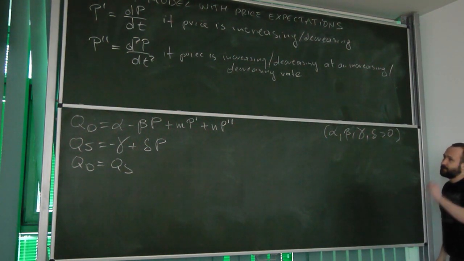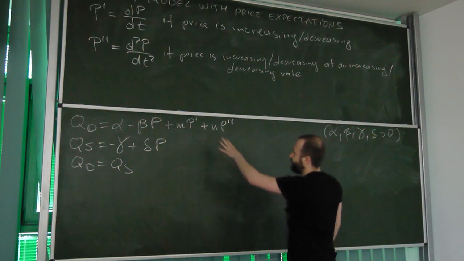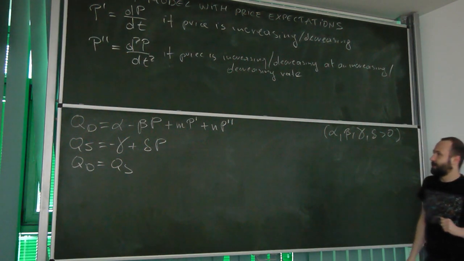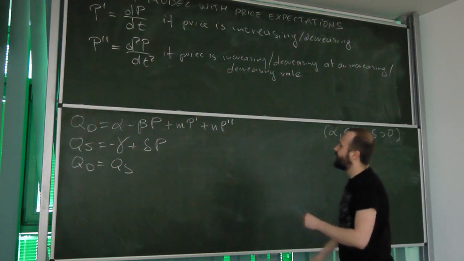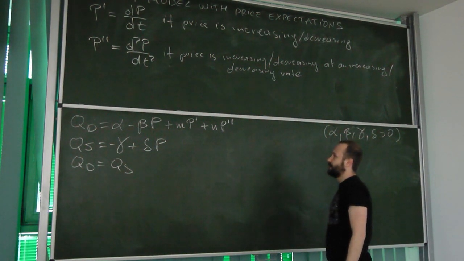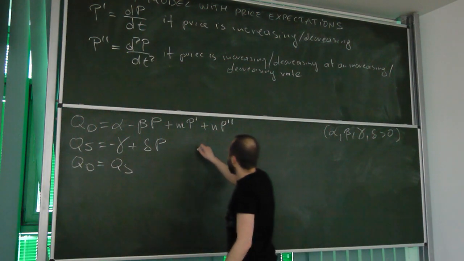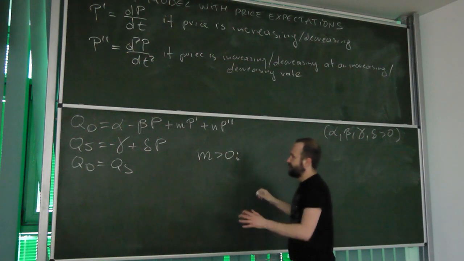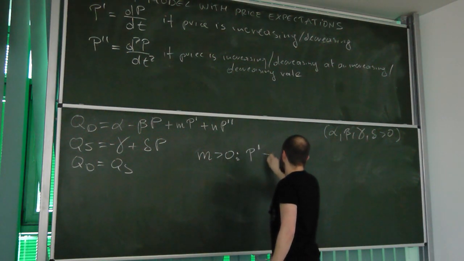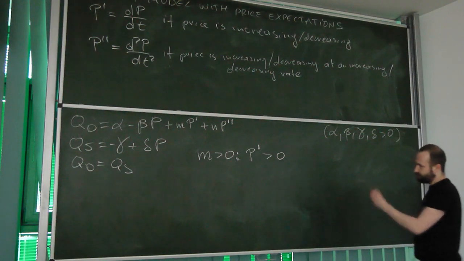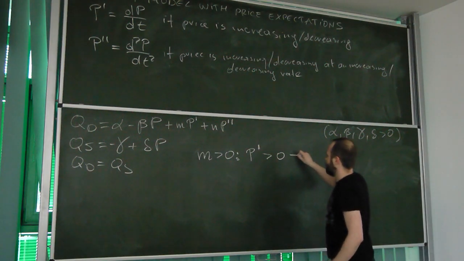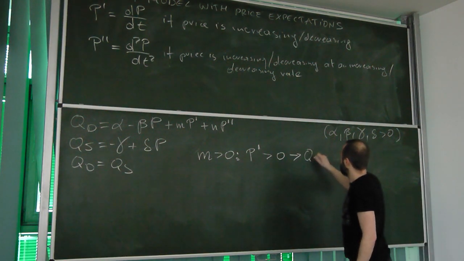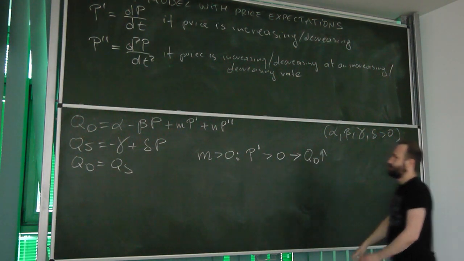We are not going to assume right away the values of m and n, but let's just elaborate on their meaning on the example of parameter m. Look, if parameter m is positive, this means that if price is increasing, quantity demanded goes up.